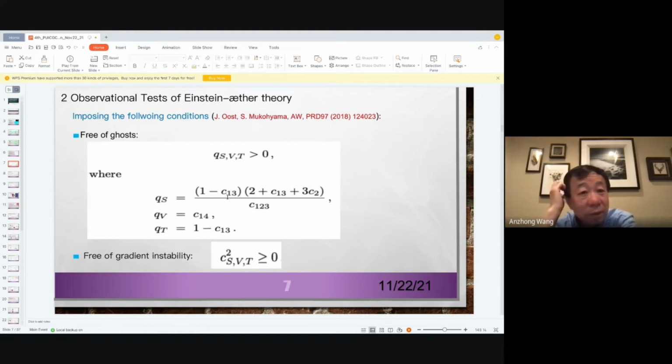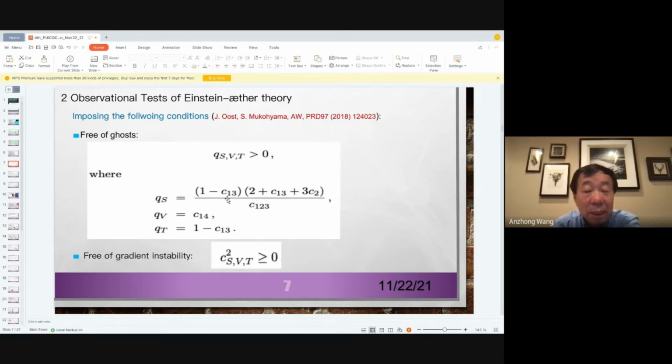Now I'm going to talk about the observational tests. First, we need the theory to be self-consistent, which means it has to be free of ghosts. Ghost-free means the kinetic terms are healthy. If we make a perturbation, we will have scalar mode, vector mode, and tensor mode.